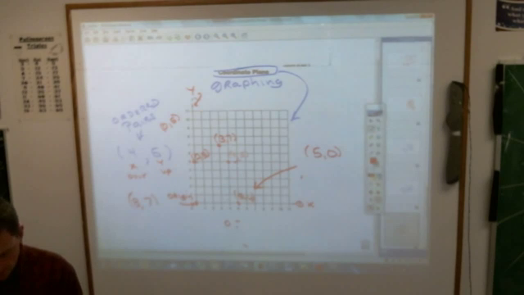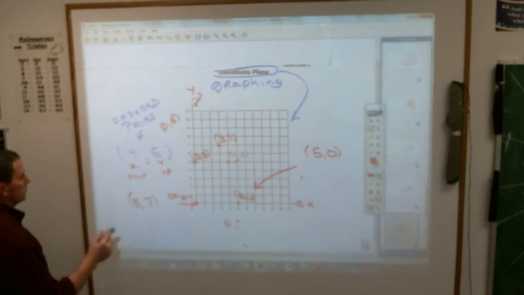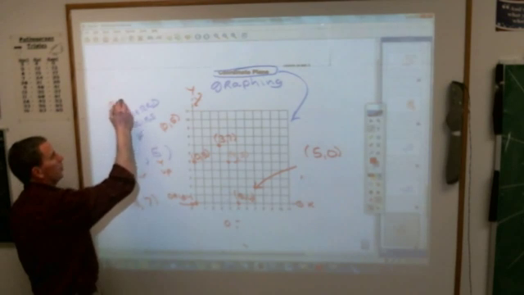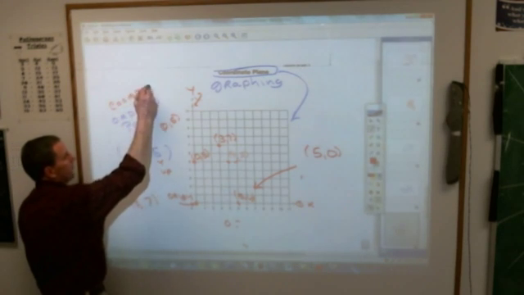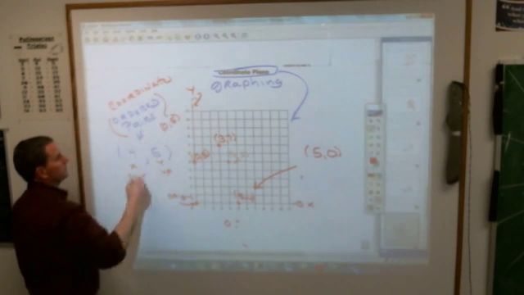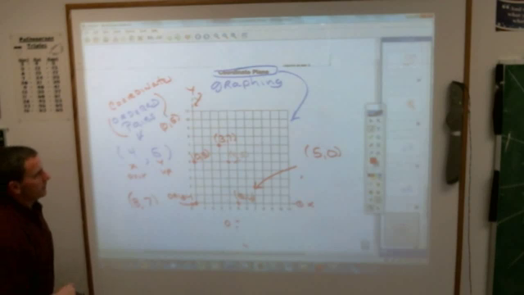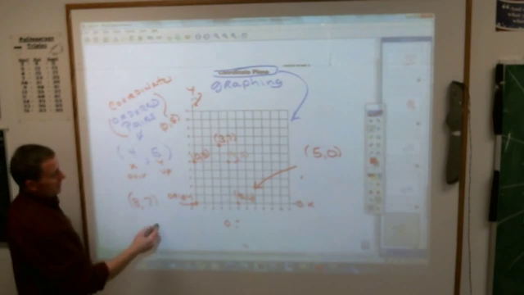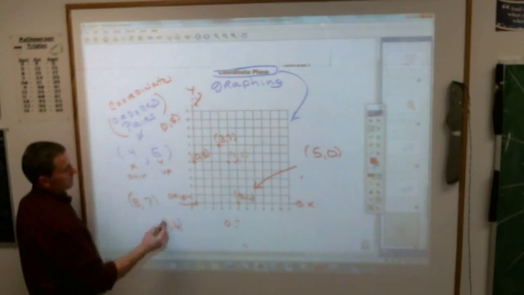Let's see what else they asked us here. Yeah, and these ordered pairs are also called the coordinates. The coordinates. It's an ordered pair. On yours, put the dot 8, comma 6.